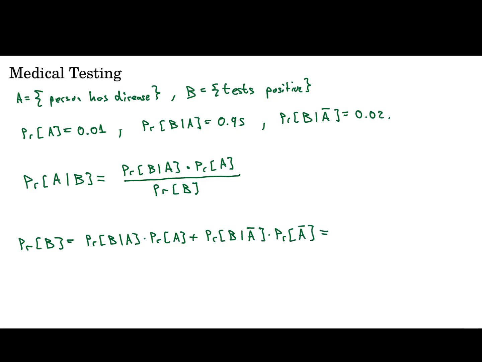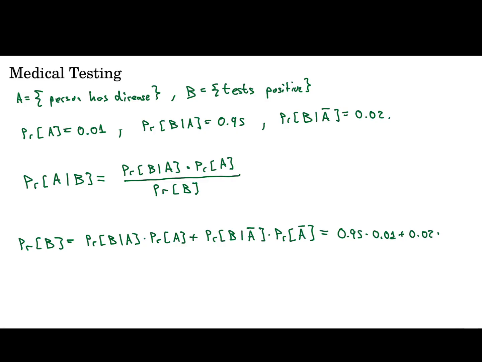We have all the values, so this is going to be 0.95 times 0.01, and then plus this one is 0.02 times, and this one here, so if A is 1%, then the complement of A is 99%, right?